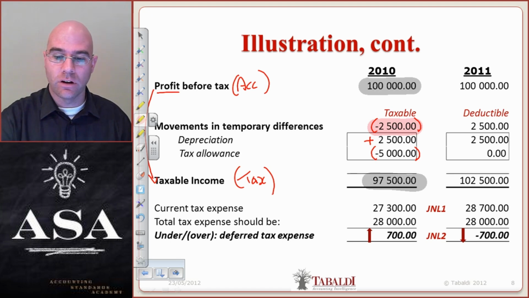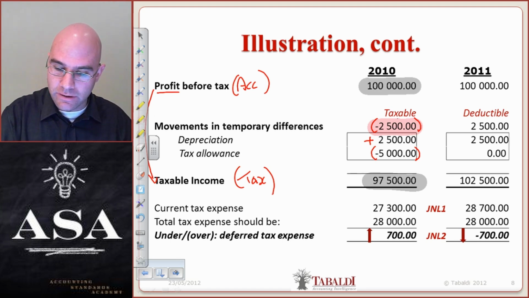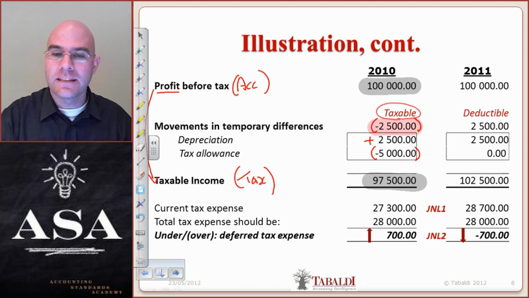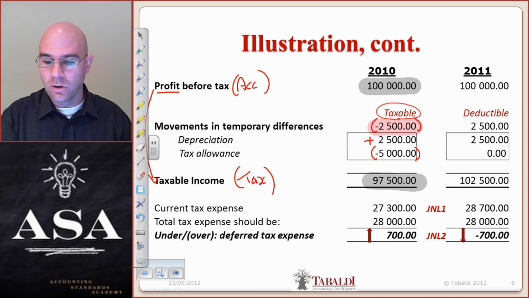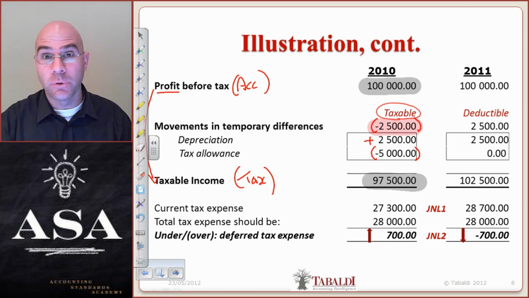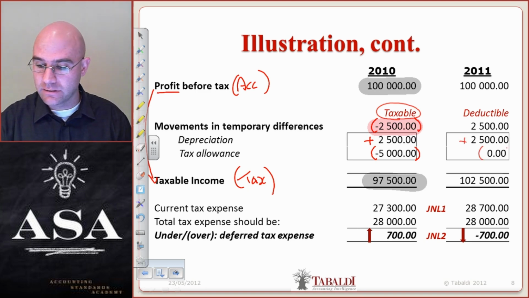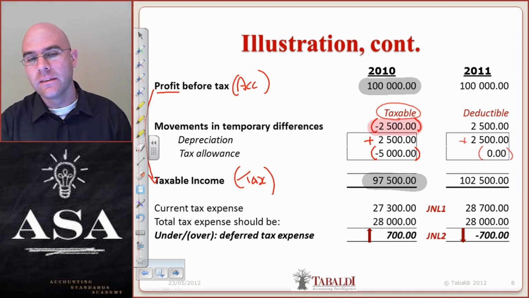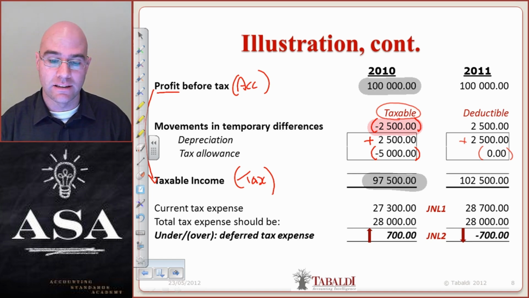And that difference, ladies and gentlemen, is what I call a movement in temporary difference. In this scenario, you will see later on that this taxable temporary difference movement will reverse out in the future, such as 2011, where depreciation once again is added back and the tax allowance is now zero. The full expense for accounting and tax over the life of this asset are exactly the same, both 5,000 Rand.